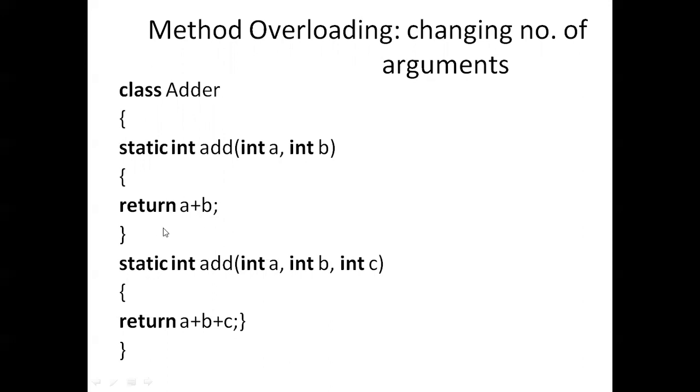Next, once again I am going with the same method name, that is static int add. The method name is the same, add here and add here, but here you see I'm changing the number of arguments: int a comma int b comma int c.